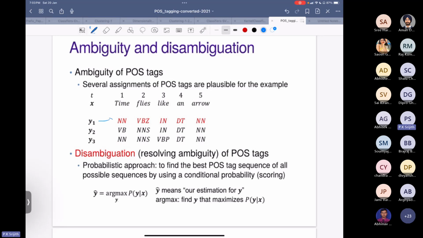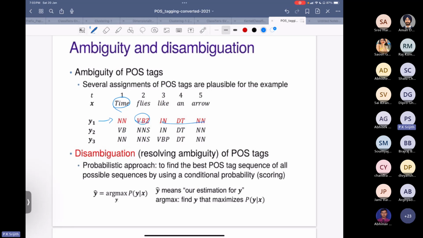One could be this one, where time is a noun and flies is a verb and legs and arrow is in DT NN. This is going to be the most plausible part of speech tag which corresponds to this sentence.